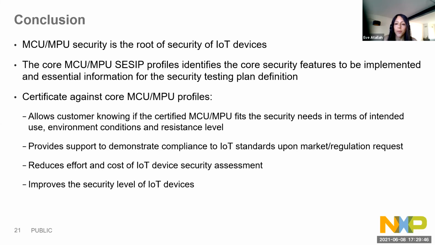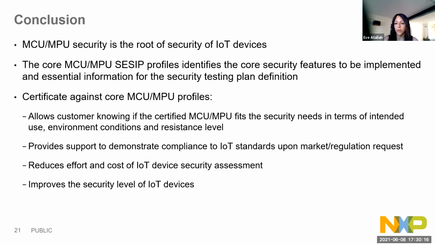So for the SESIP levels 1 to 3, it's independent. You don't need to have a CC certification. But for SESIP 4 and 5, this is indeed needed because here we are on higher evaluation levels. So there are other requirements. So for now, SESIP 4 and SESIP 5 require a CC certificate, not the lowest one.